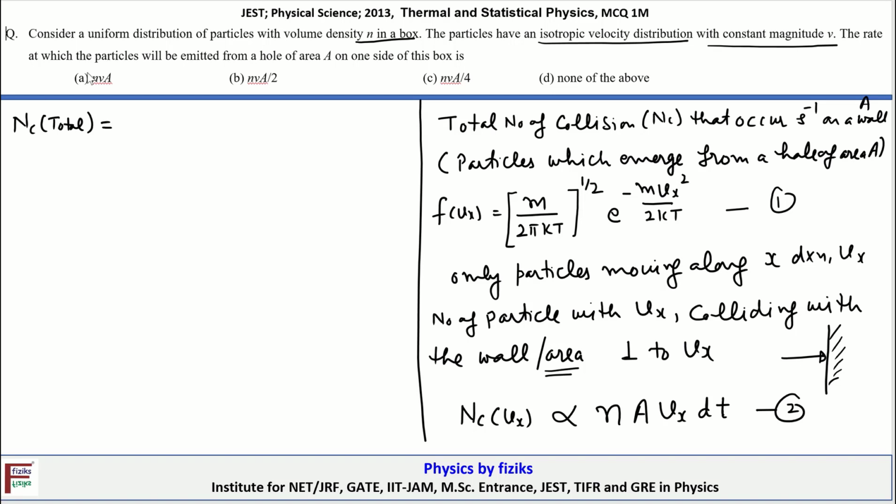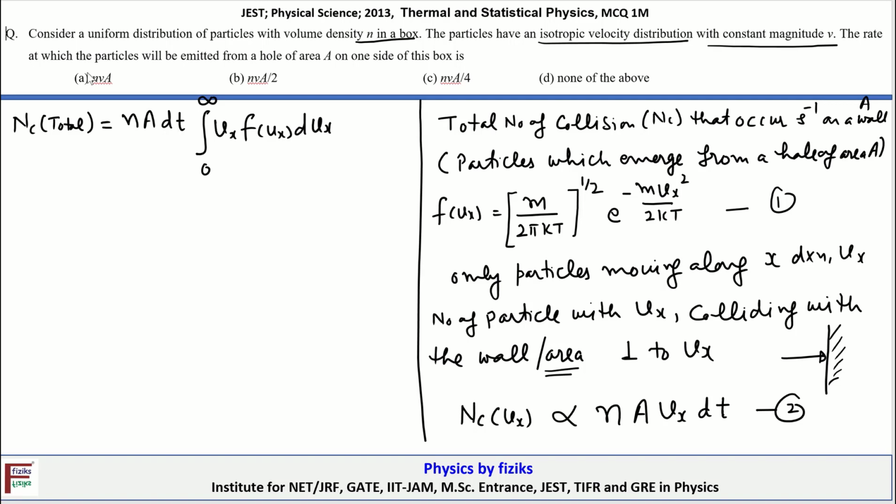So NC total is equal to N A dt, and then the integral from 0 to infinity of Vx, the probability distribution function f of Vx, and dVx. Remember that here we are only calculating the particles which are moving in the positive x direction.